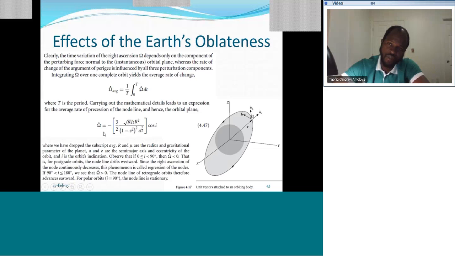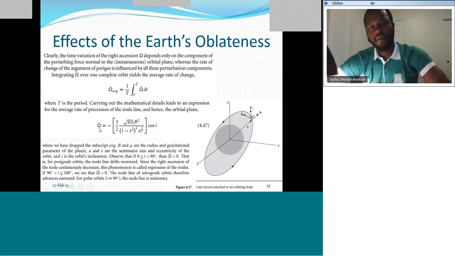You recall that we measured right ascension positive eastward of the vernal equinox line, but for an orbit inclined at an angle between 0 and 90 degrees to the equatorial plane, the time average of the change in the right ascension is negative.